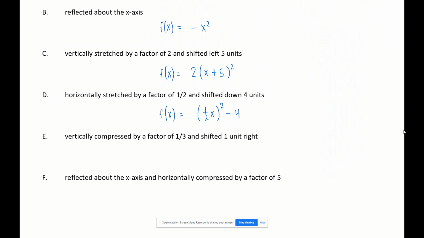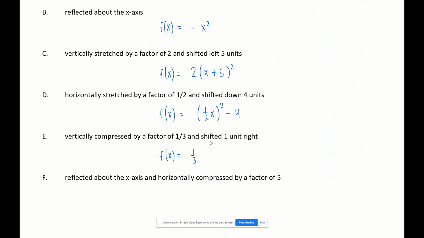Okay? E, vertically compressed by a factor of 1/3. Vertical compression happens on the outside. So I'm going to go ahead and put that 1/3 on the outside. Now I don't know if I need parentheses yet, because I know this needs to happen on the outside. So I don't need parentheses until I know there's something inside those parentheses.